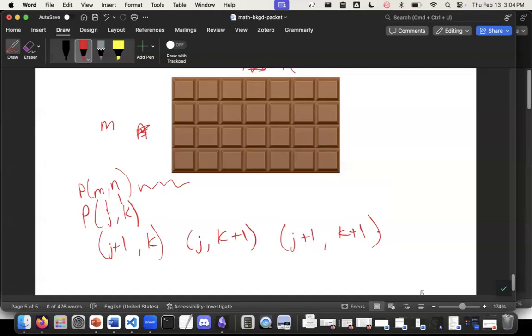Yeah, because I think I should break rows first, and then columns. What's your equation? You have an equation?